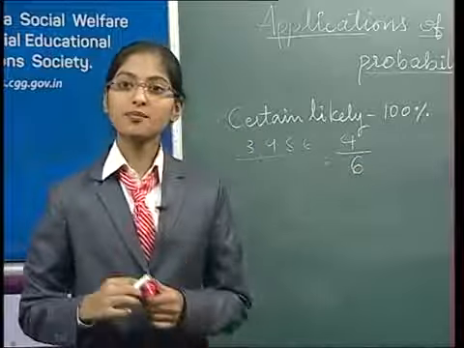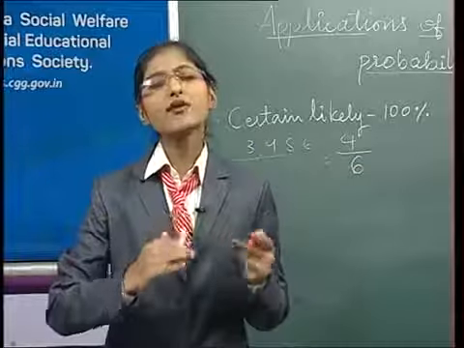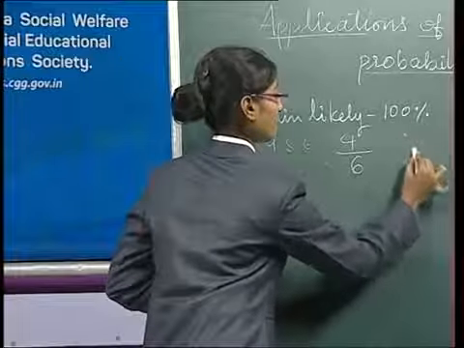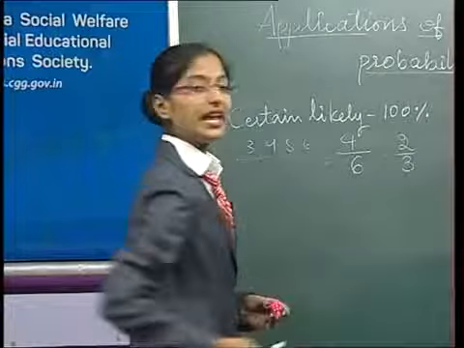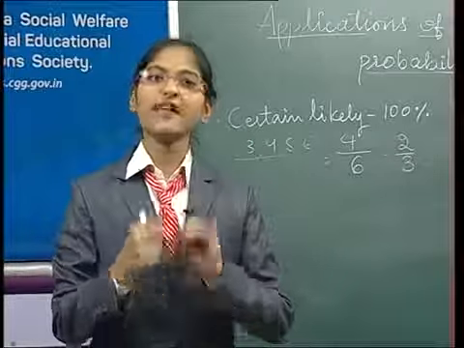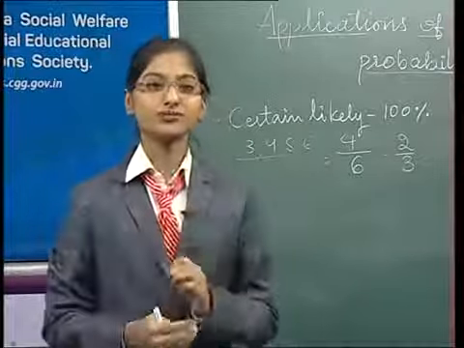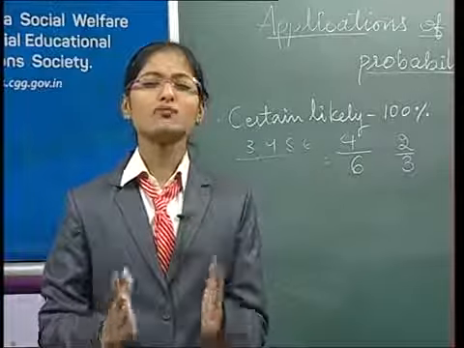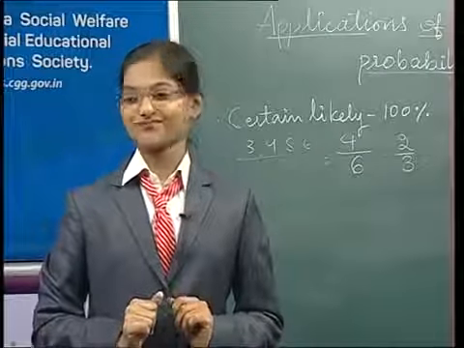So, 4 by 6 is the probability. That means a higher probability. If we cancel it, 2 by 3. Out of 3 parts, 2 parts are coming more than 2, and 1 part is remaining less than 2. So, this type of probability is called more likely probability.